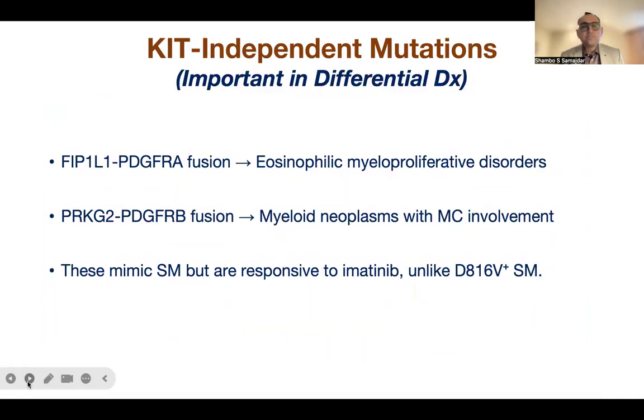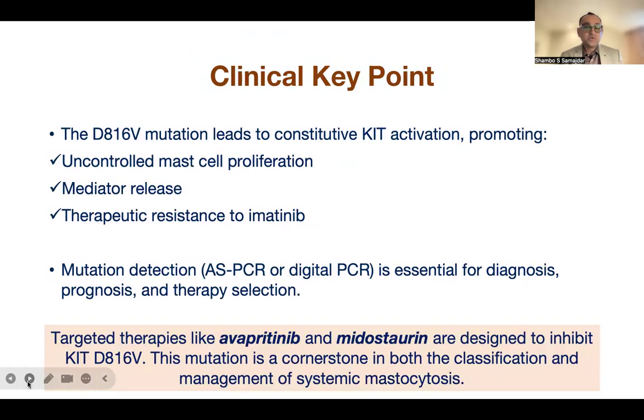There is also the probability of KIT-independent mutations, and that is why we need to remember them as an important differential diagnosis. For example, eosinophilic myeloproliferative disorders or different types of myeloid neoplasms with mast cell involvement. They mimic systemic mastocytosis but are responsive to imatinib, unlike the D816V variant-positive mutation in systemic mastocytosis.